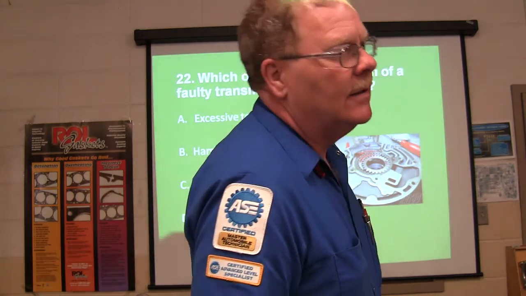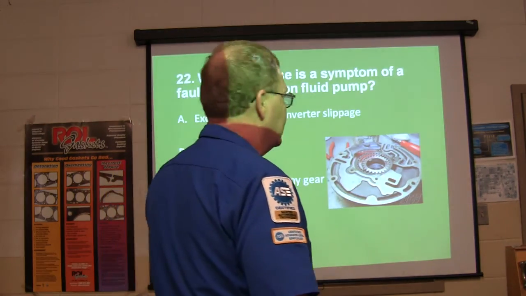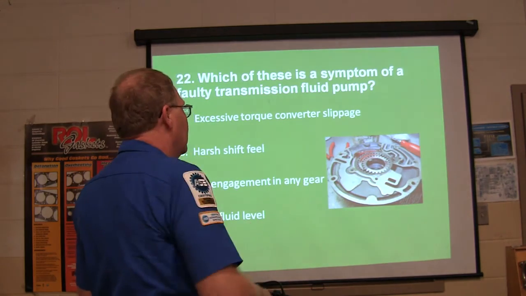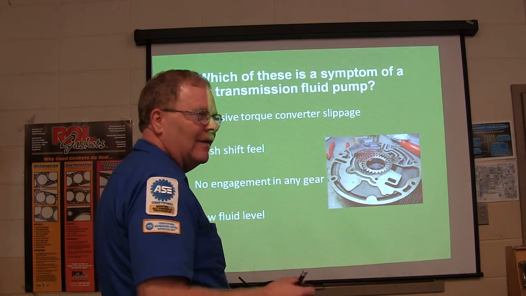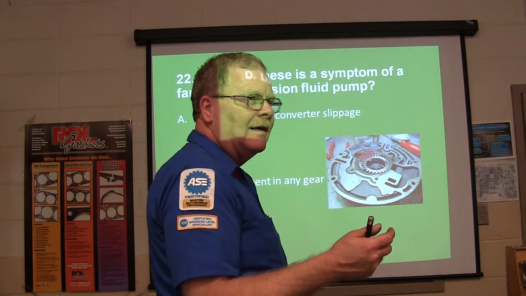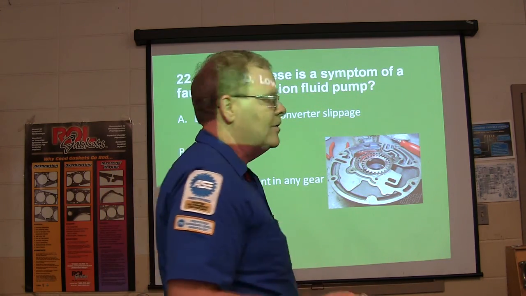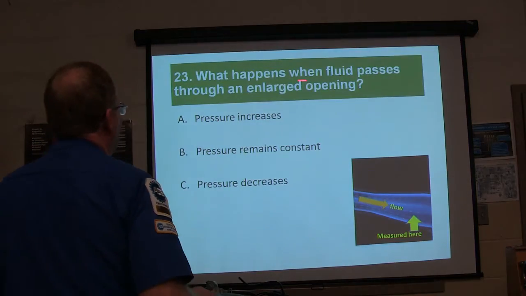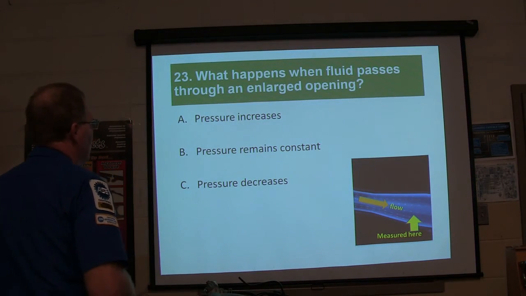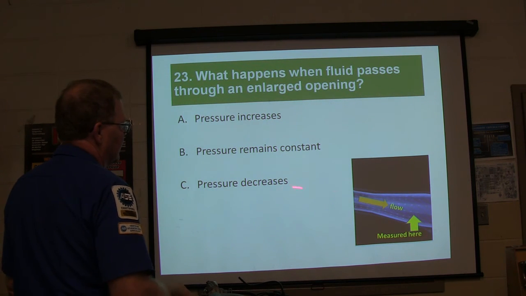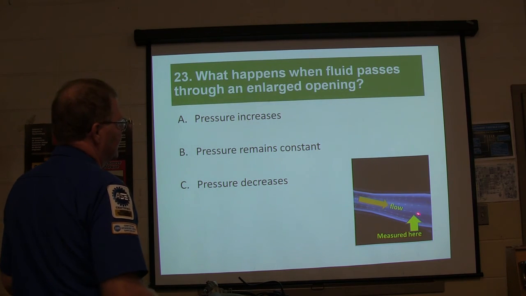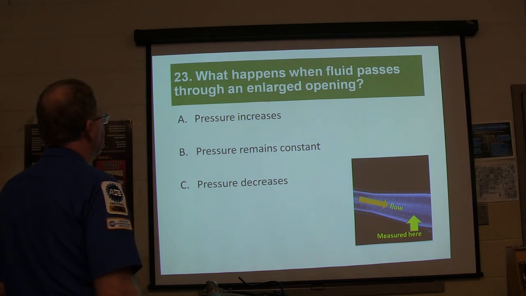In remote cases, you can have torque converter issues causing that, but for the most part, you're just about always gonna have a fluid problem. Now, the pump can also have a pressure valve that is stuck so that it doesn't produce any pressure. What happens when fluid passes through an enlarged opening? Pressure decreases. This pressure would be lower than what's coming up the pike. Less pressure here than what we got there.